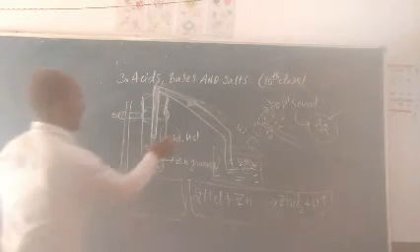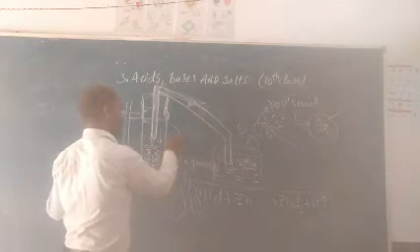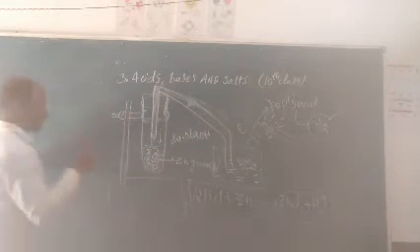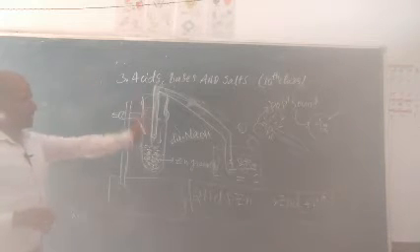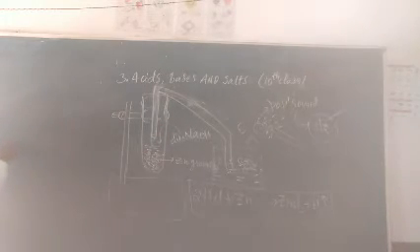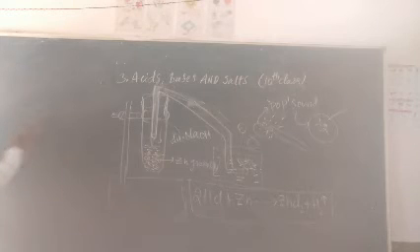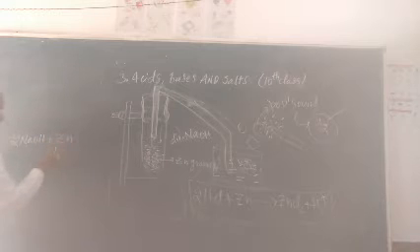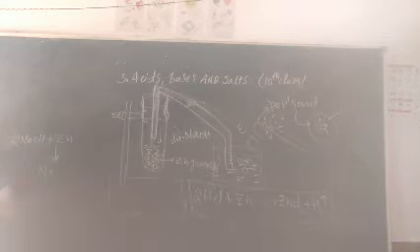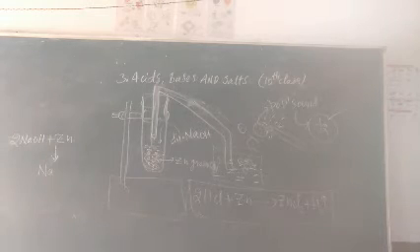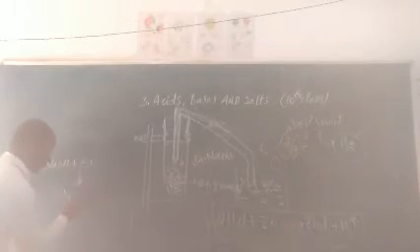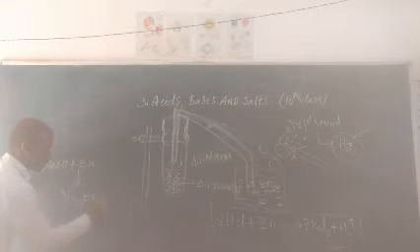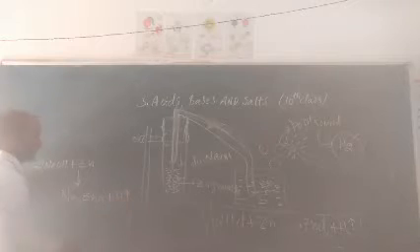In place of dilute HCl, if you add dilute NaOH, sodium hydroxide, then what happens? 2NaOH plus Zn gives Na2ZnO2, plus hydrogen gas released. Na2ZnO2 is sodium zincate.